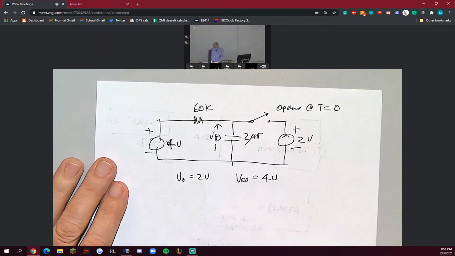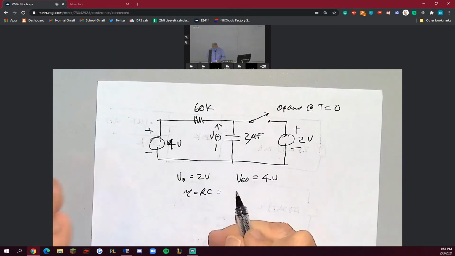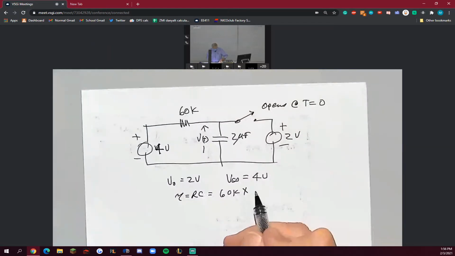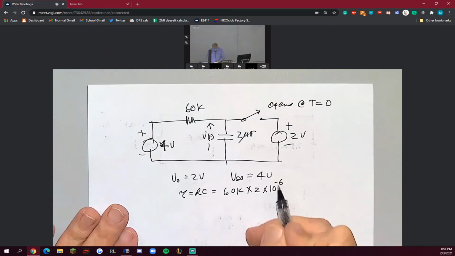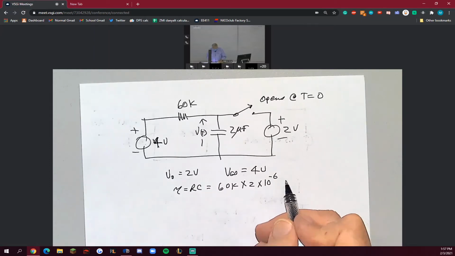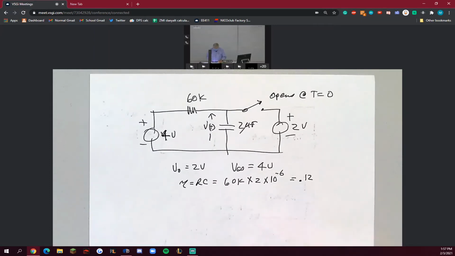And tau is equal to RC, which is 60K times 2 times 10 to the minus 6, and that's 0.12.